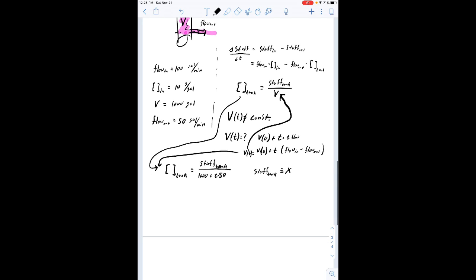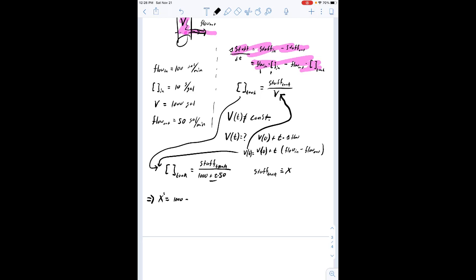So then from up here and right here, we get that my dx dt, so my x prime, is equal to, well, what's my flow in times my concentration in? So again, that's just going to be 1,000.